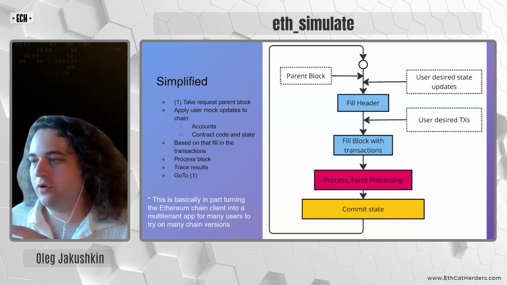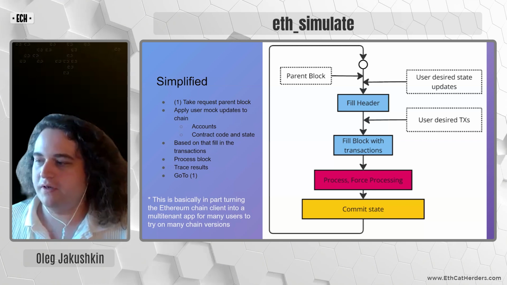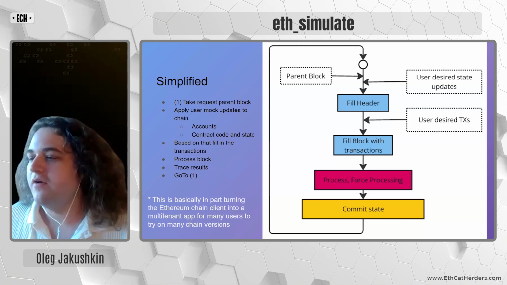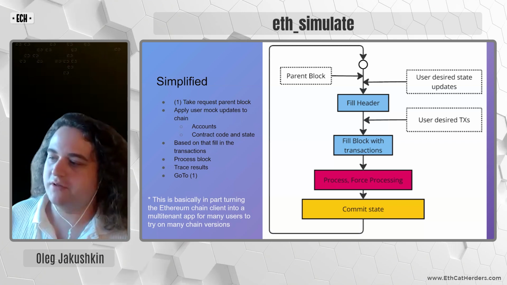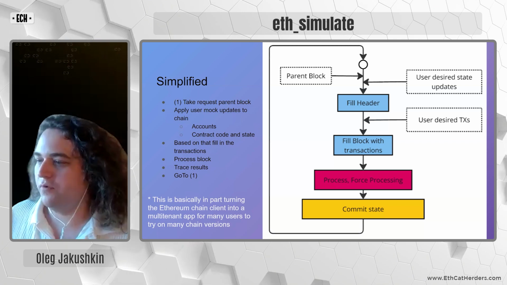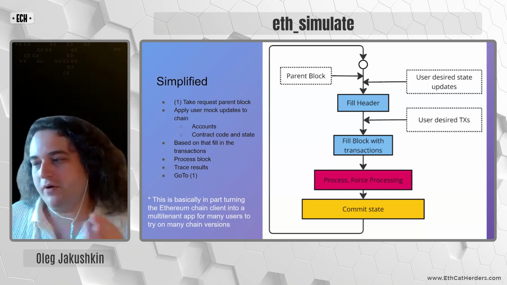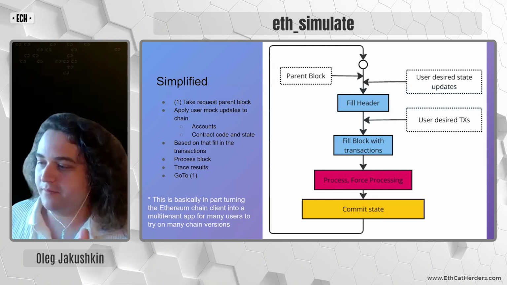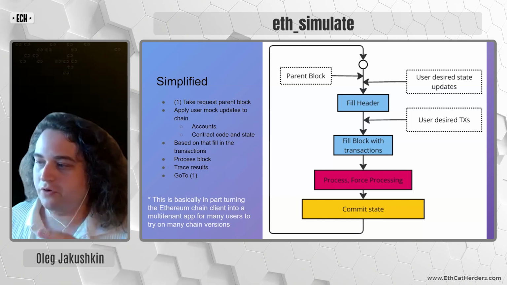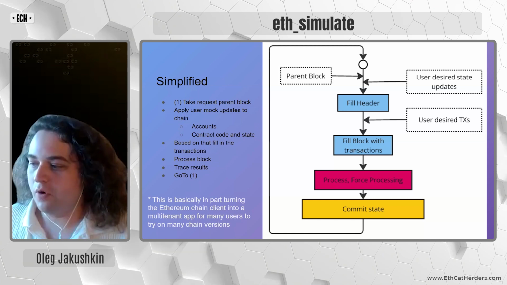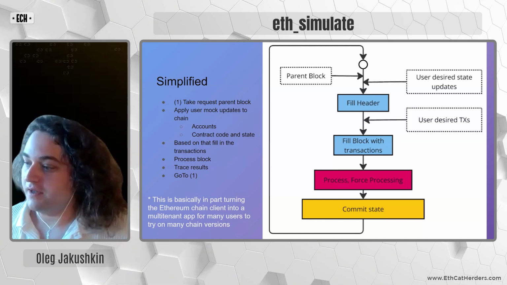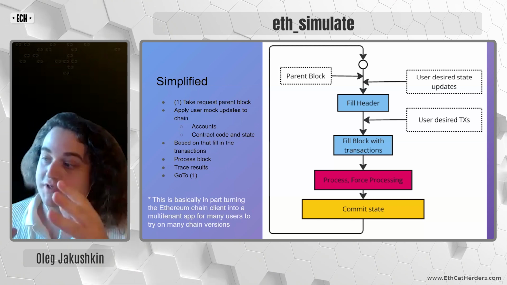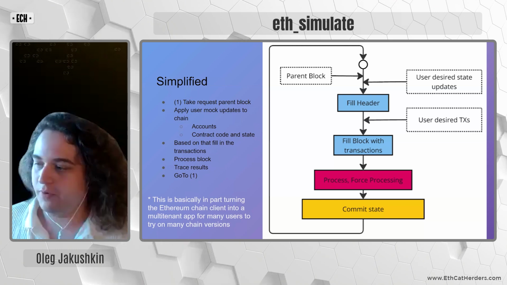While for ETH call it would be enough to use, for example, transaction processing and stick with it, for this we are actually using the same pipeline that is used for block processing. So in our case, they were a little bit different, and it was a little bit more heavy machinery that was actually working on top of each block, a little bit more of checks and possibilities that are given to the user while they're processing not a single transaction, but a block as a whole.